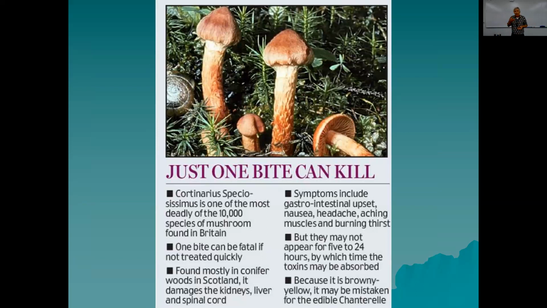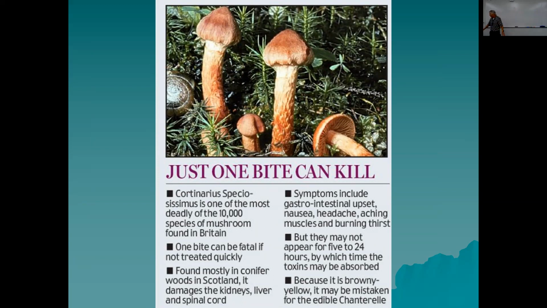This mushroom is a gilled mushroom, it has gills. What he thought he was eating, Boletus edulis, has little holes, called pores. All he had to do was turn it upside down. But he thought his brother-in-law knew what he was doing, and his brother-in-law thought that he knew what he was doing, and they ate this mushroom, and they lost kidney function and very nearly died.